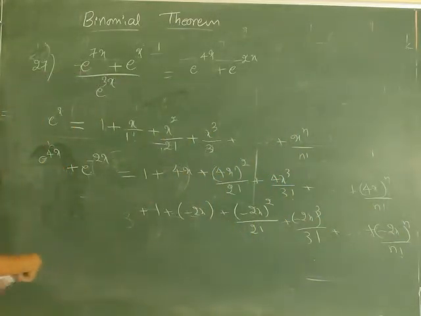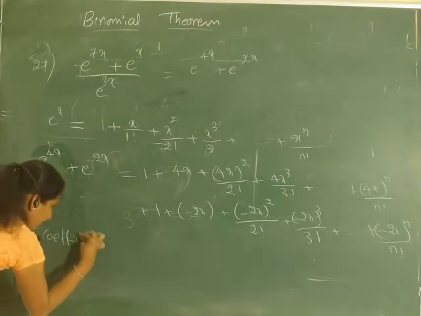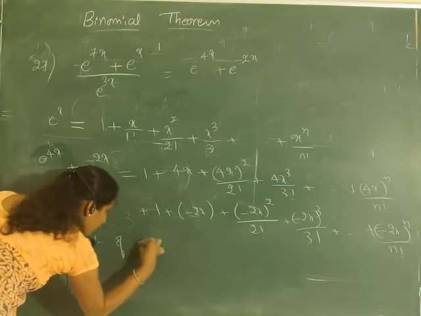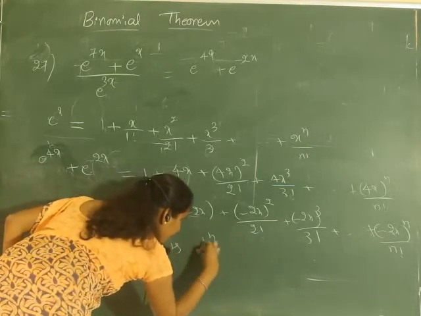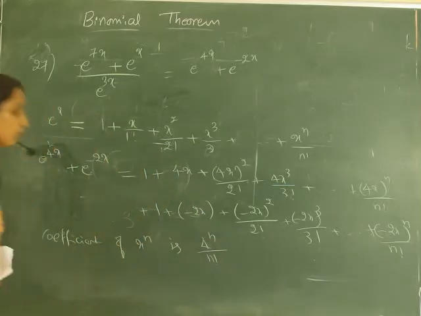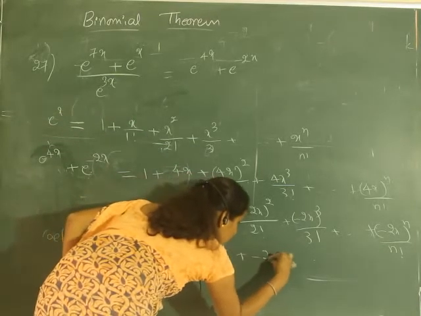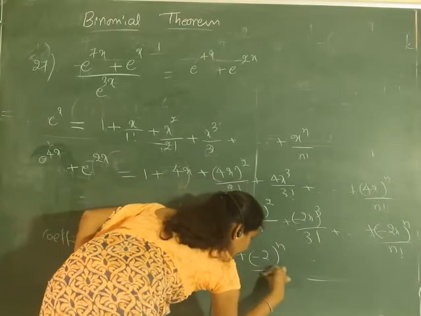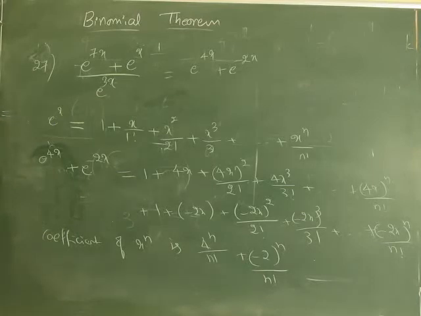So the coefficient of x power n is 4 power n by n factorial plus minus 2 to the power n by n factorial. So that is in the option C, 4 power n plus minus 2 power n divided by n factorial. So 27th is option C.